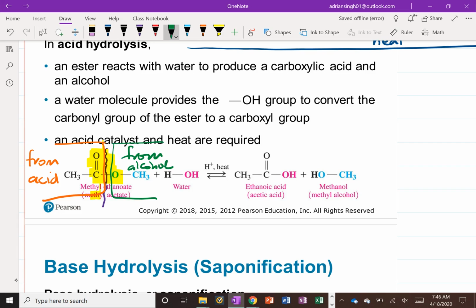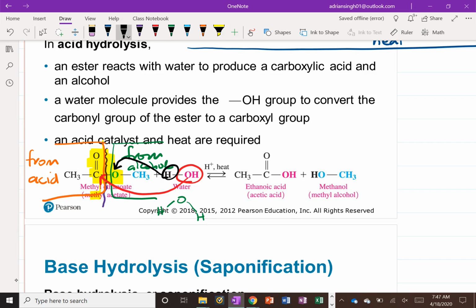The OH then comes from water. Remember, water is HOH. An OH from the water gets stuck onto that carbon, and then the remaining H from the water gets stuck onto the O from the original part of that ester.